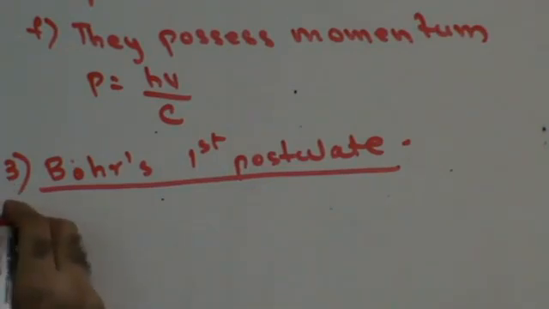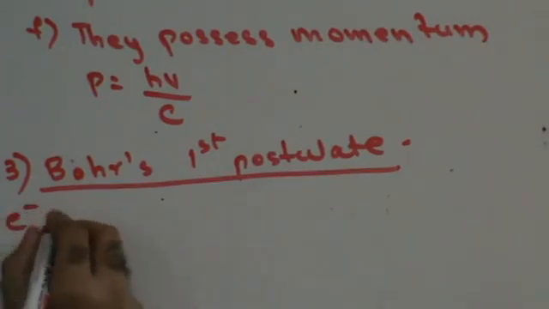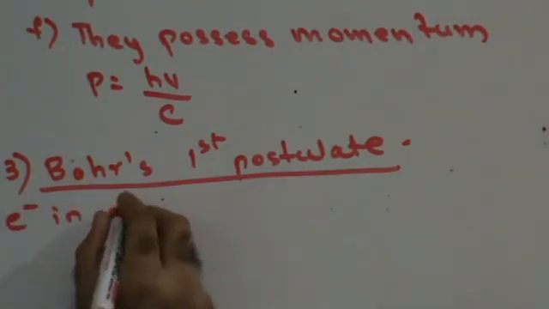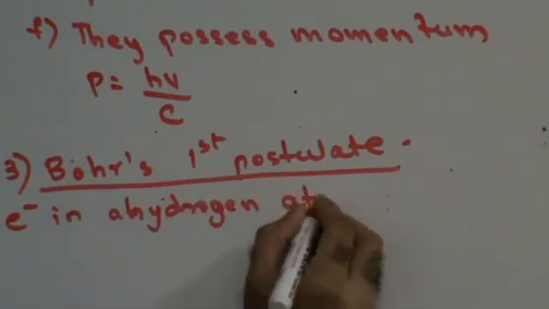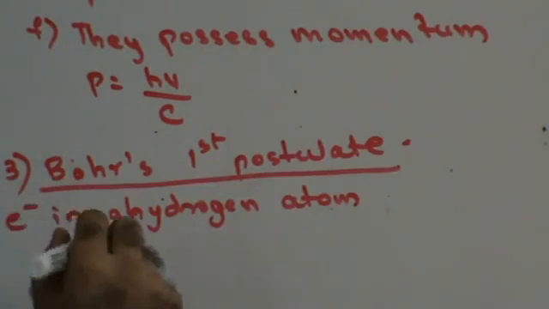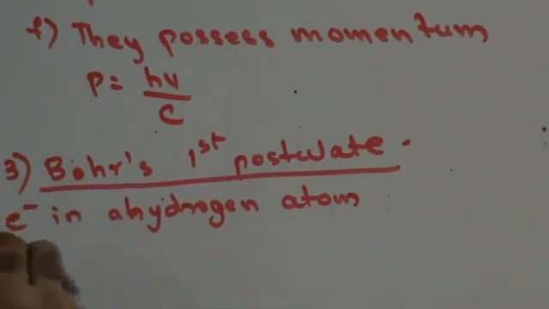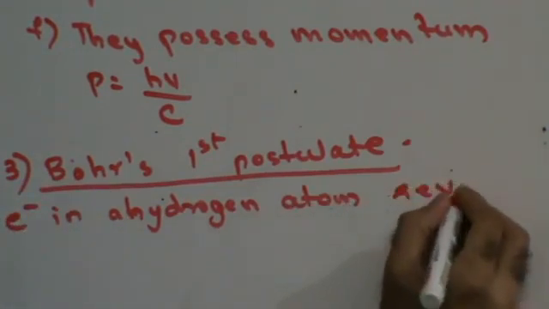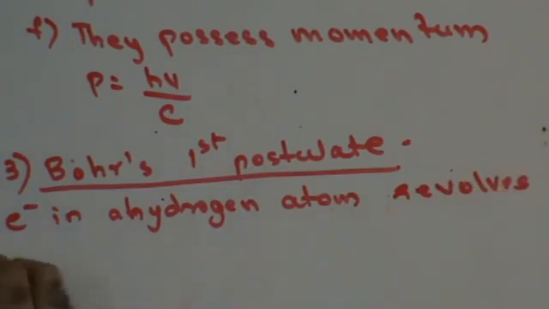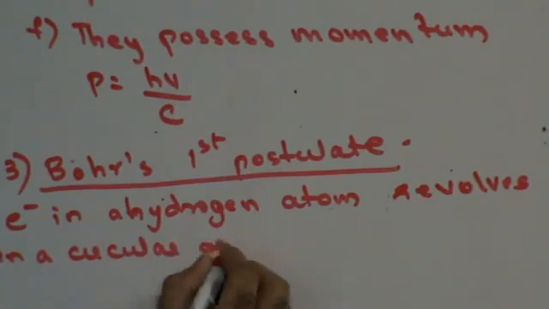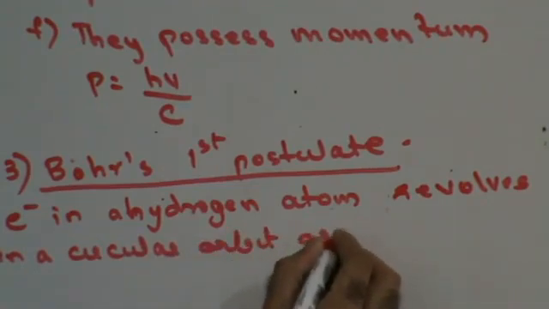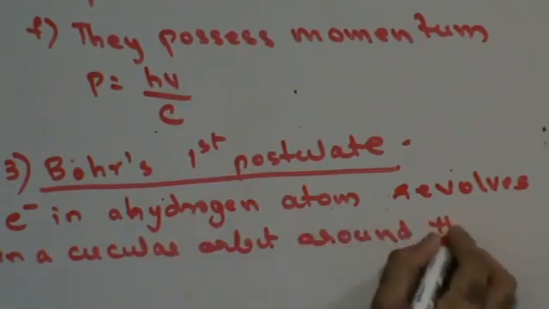Bohr's first postulate says that the electron in a hydrogen atom revolves in a circular orbit around the nucleus.